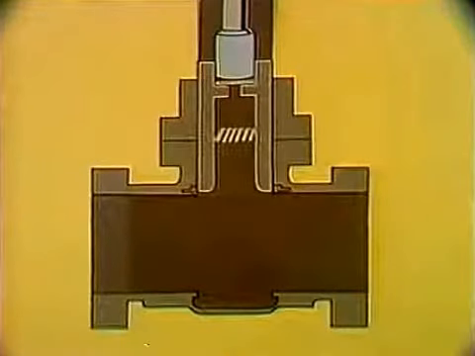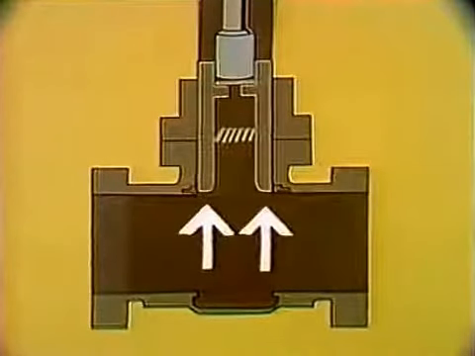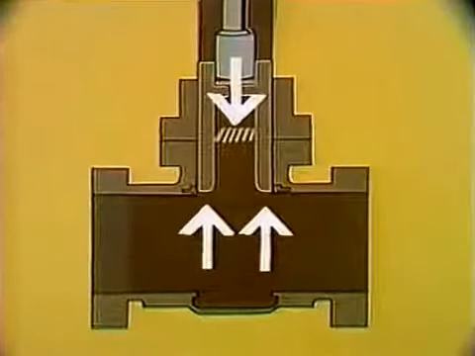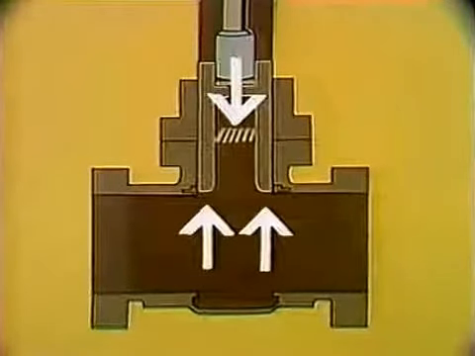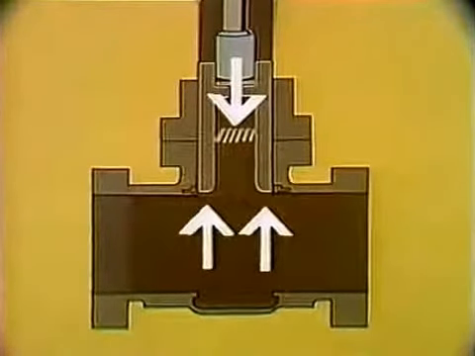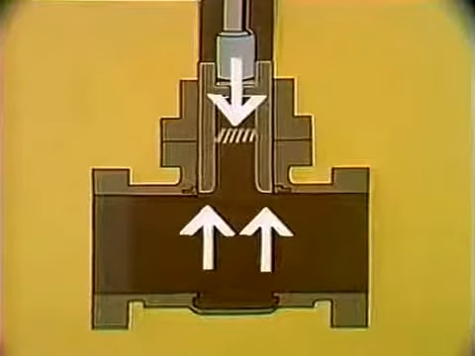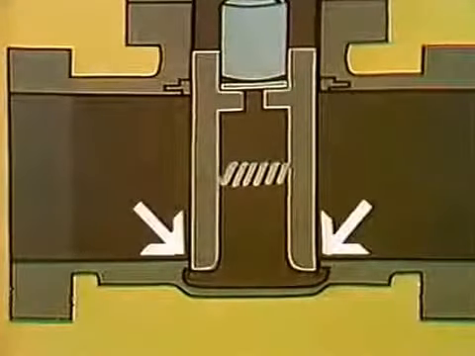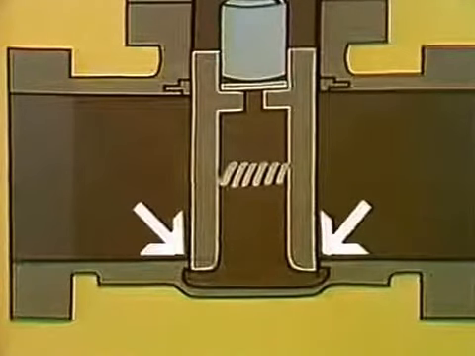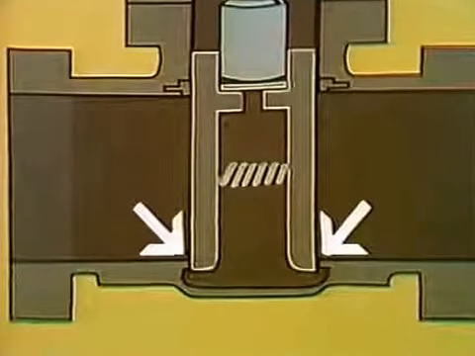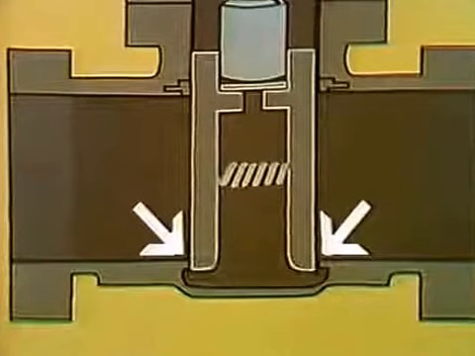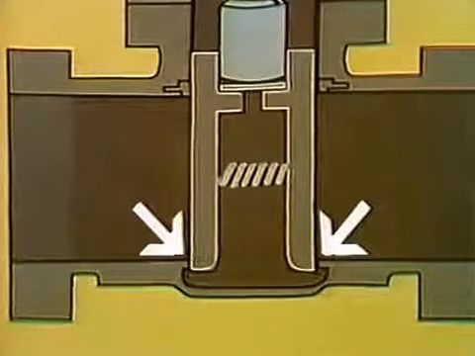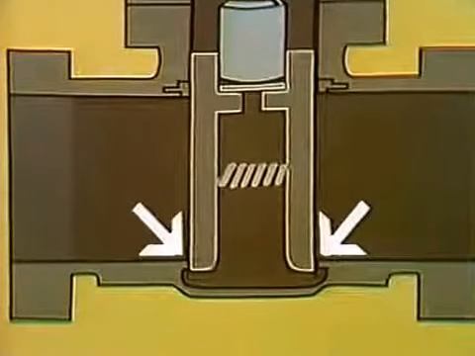The double disc type is made of two separate discs with a spring mechanism between the discs. The spring holds each disc in place against its seat while the valve is being operated. When the double disc is lowered, there is no wedging or jamming action as it closes over the seat. This feature makes the double type disc particularly adaptable to motor operating mechanisms, such as steam stop valves.